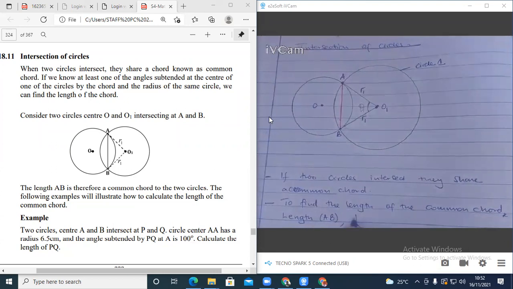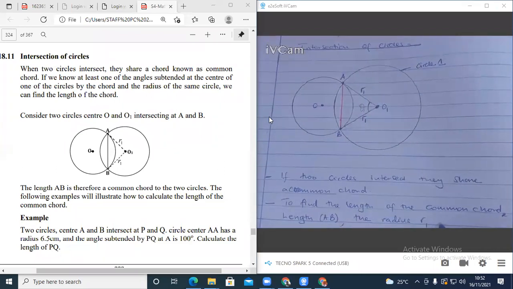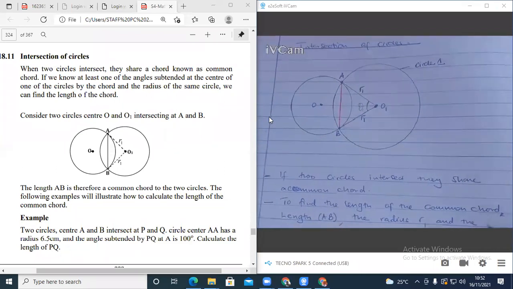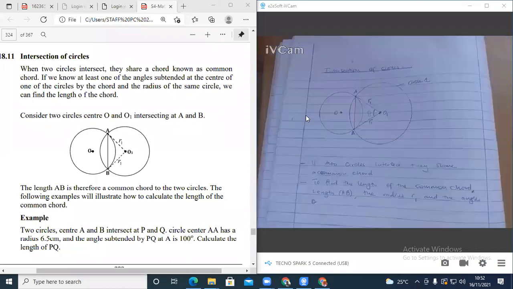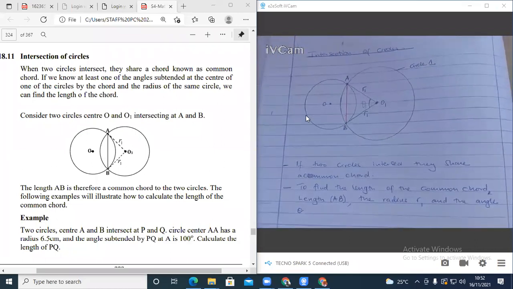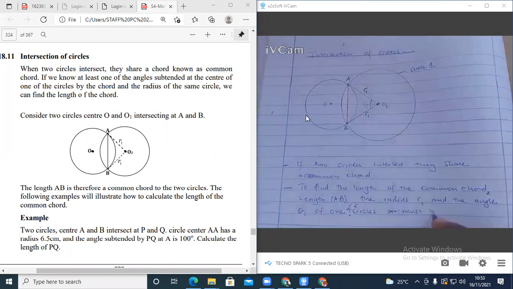the radius R1 and the angle theta 1 of one of the circles must be known.